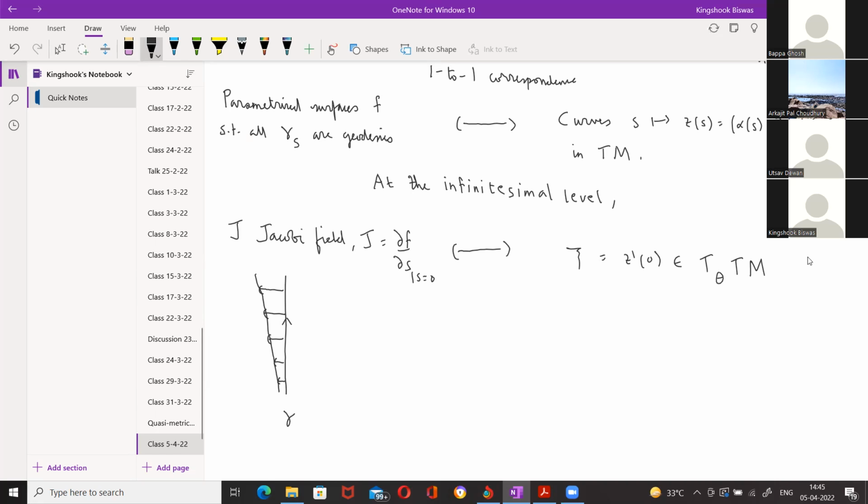And at the infinitesimal level, these correspondences should be linear. So in fact, we should have an isomorphism between the vector space J gamma and the vector space T theta Tm.